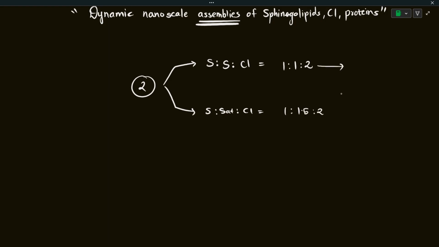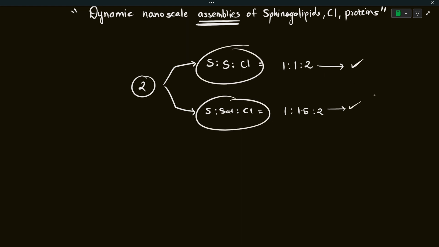In both cases, the microdomain formed by this composition and this composition is going to be stable, going to be detergent resistant. So they won't get solubilized, and that is why we are terming both of them as lipid rafts. This often leads to confusion because we cannot define them as a biophysical entity.